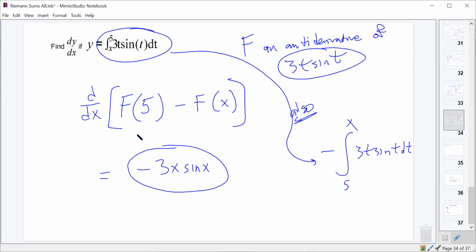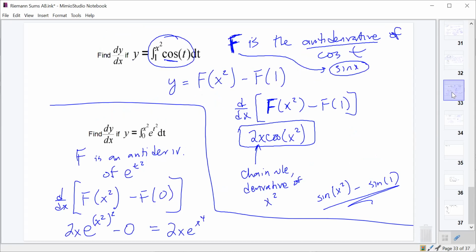We had to use the chain rule before, right? But we don't have to use the product rule here. Is that accurate? We do not need to use the product rule because we're not taking the derivative of a function within another function. So the reason to use the chain rule is because here we were taking the derivative of a function with a function composed inside of it, right?